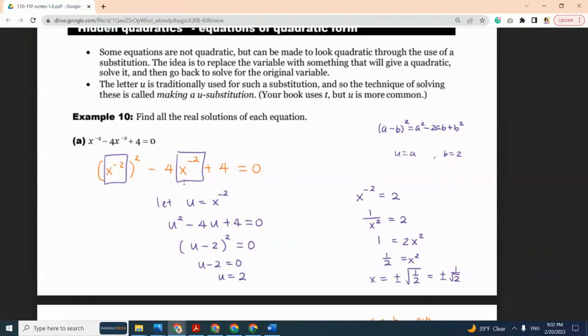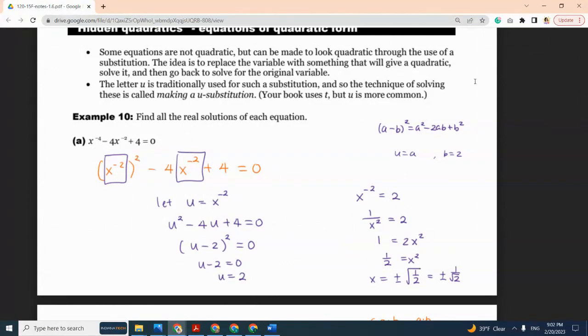You let u be the smaller terms. So in this case, do you see x to the negative 4? And here is x to the negative 2. Well, negative 4 is like x to the negative 2 square. Do you recognize that? Can you see x to the negative 4 is x to the negative 2 and then square?